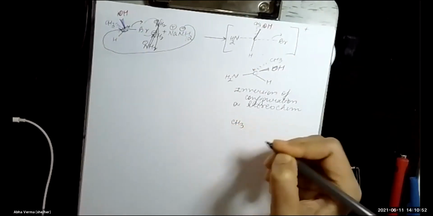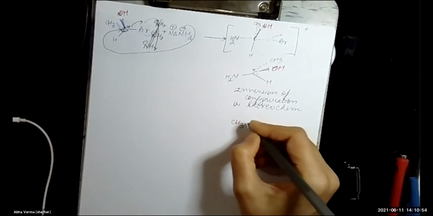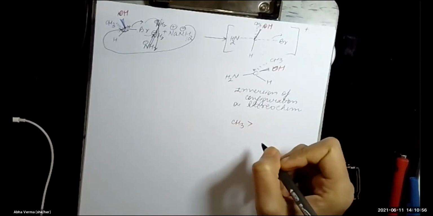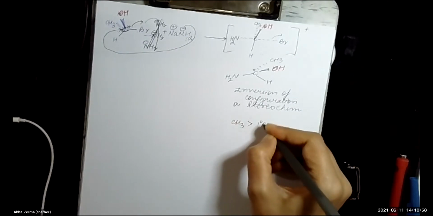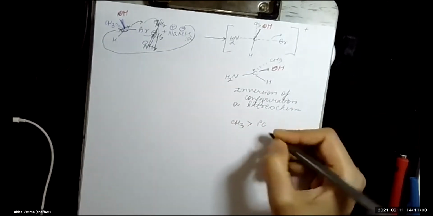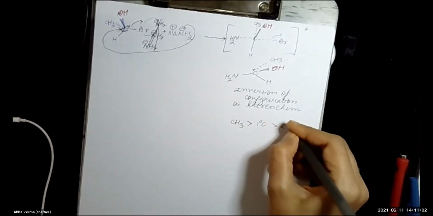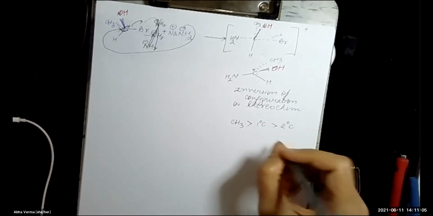So for SN2, because it cannot accommodate bulk, methyl groups are the best way of doing SN2, followed by primary substrates, followed by secondary substrates.